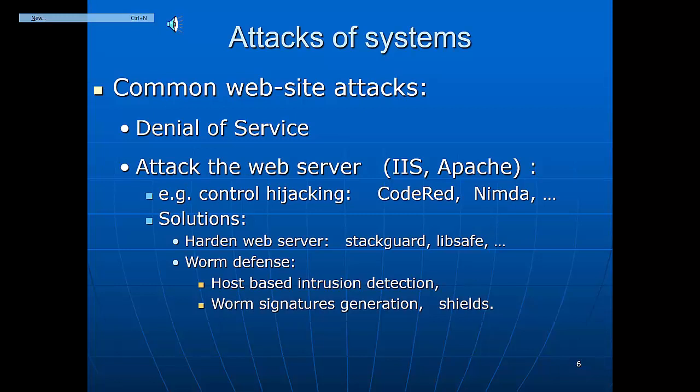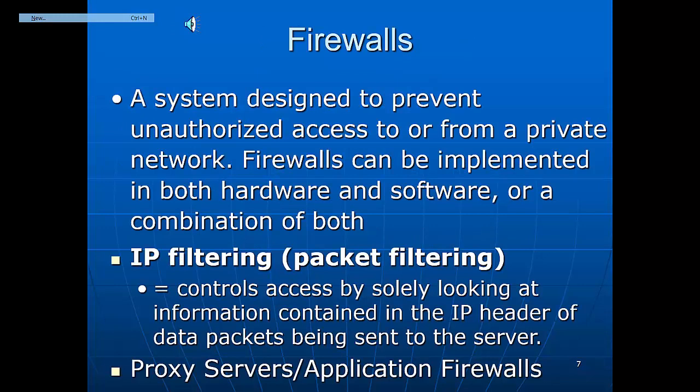Lots of different kinds of attacks on specific web servers, like Nginx, Apache, and how they can be hijacked, and there are lots of different solutions out there for different kinds of attacks.